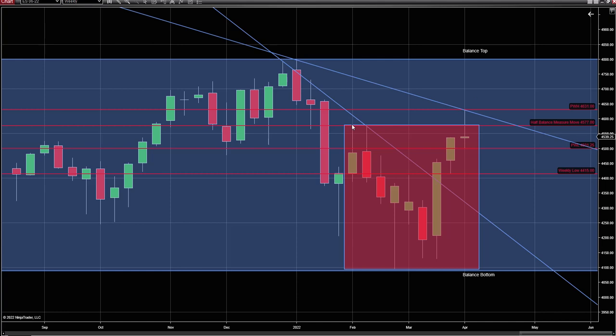So this could be a look above and fail of this balance, and the potential destination could be to the downside, a retest of this trend line, the one that was broken earlier. So we would expect that to be retested on the weekly time frame, right?